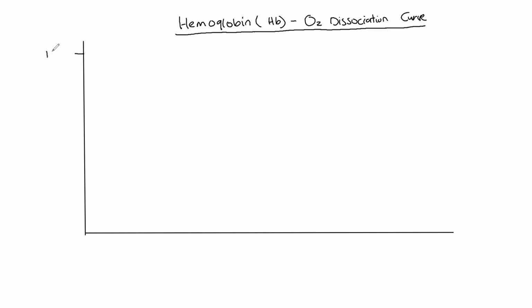So we could think about 100% saturation being 4 oxygens bound, 75% saturation being 3 oxygens bound to hemoglobin, 50% saturation being 2, and then 25% saturation being only 1 oxygen bound. All right, so this is basically the percent hemoglobin oxygen saturation.